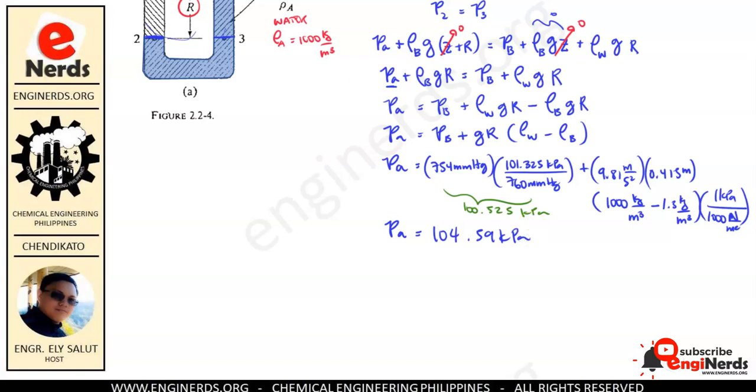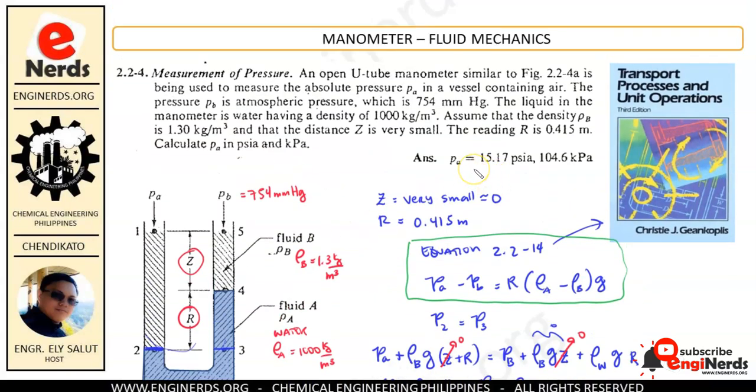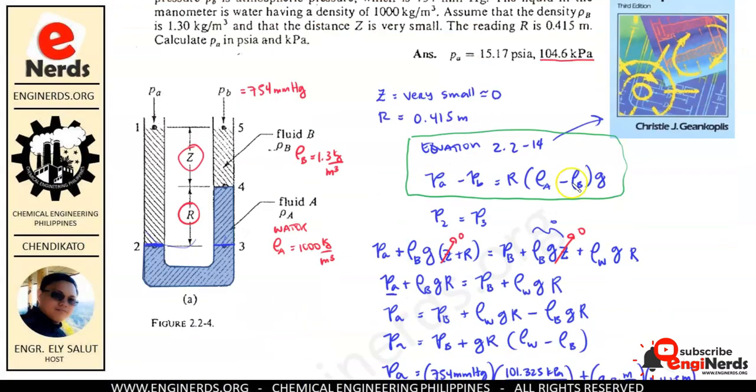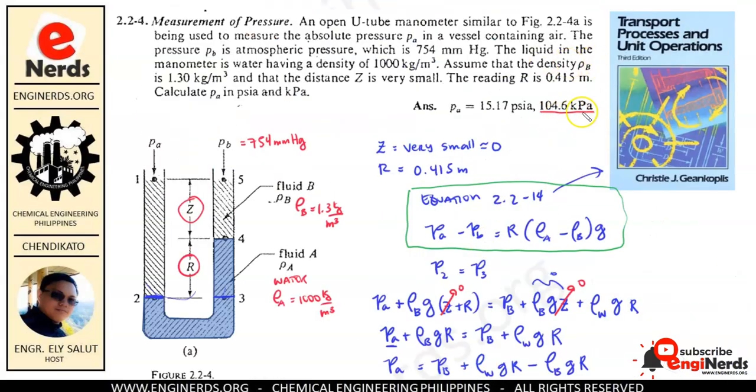So this is our final answer. Let us check if it is the same as the answer given here. Their answer is 104.6 kilopascal, and when we round off our answer to a single decimal, we have 104.6, which is equal.